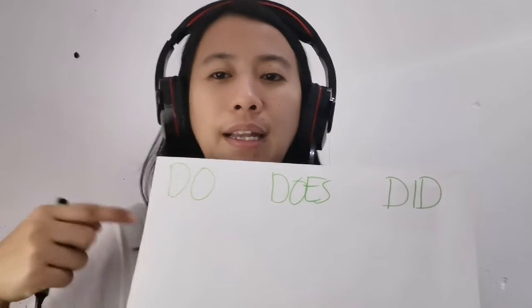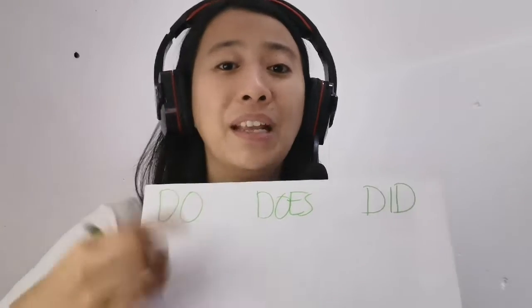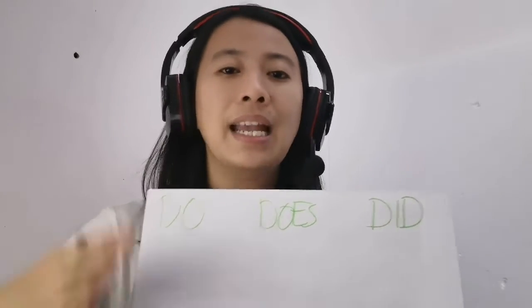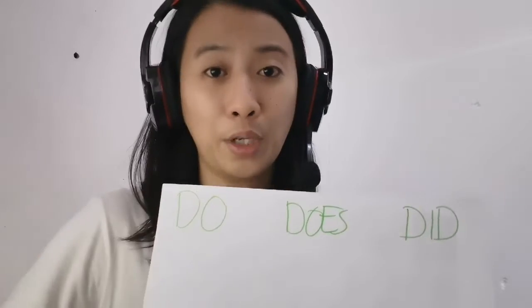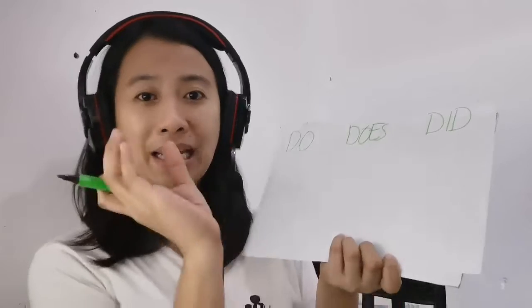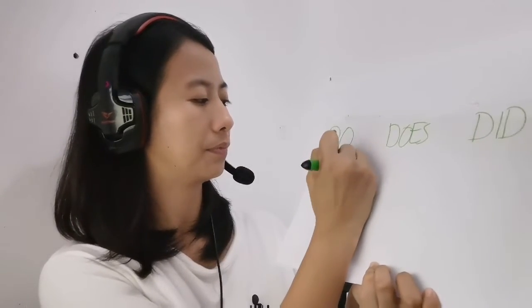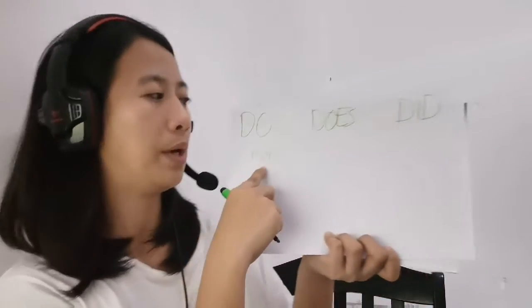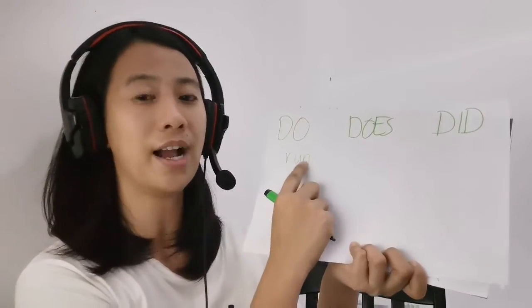First, take note that do, does, and did are actually helping verbs. That means we use them together with an action word in the base form. When we say base form of the verb, for example, run. When we use do, does, or did, the verb is always run.